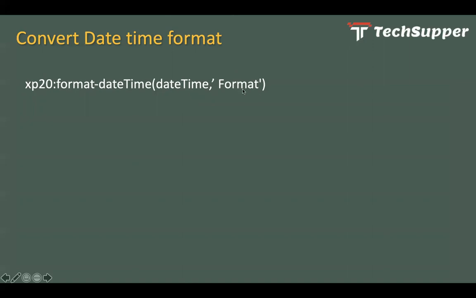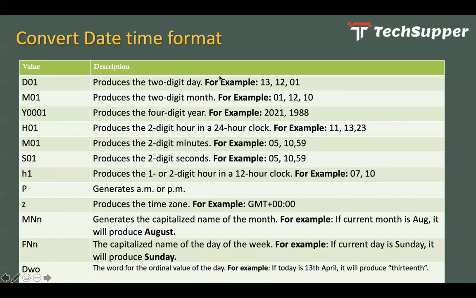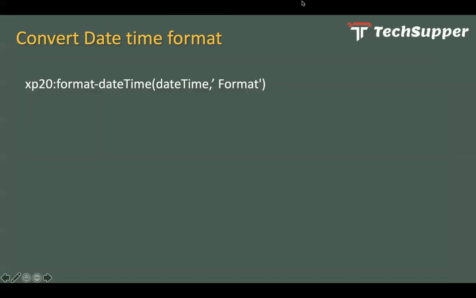Then you have to give the format in which you want to convert this date and time. For example, you would use D01-M01-Y0001, and then the source date and time will be converted into DD-MM-YYYY, something like this.